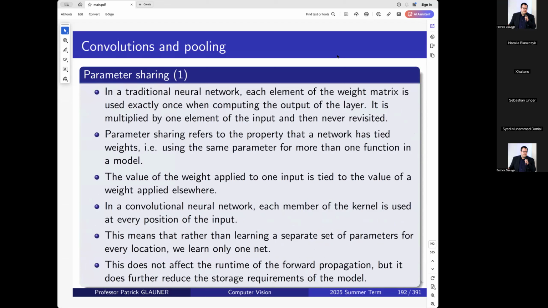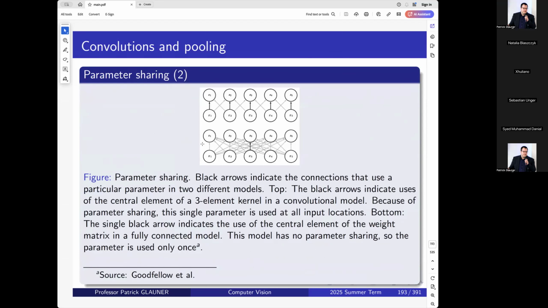Now, there's one more thing, called parameter sharing. Parameter sharing means something we saw before: you have this convolution here, and you have that convolution here.